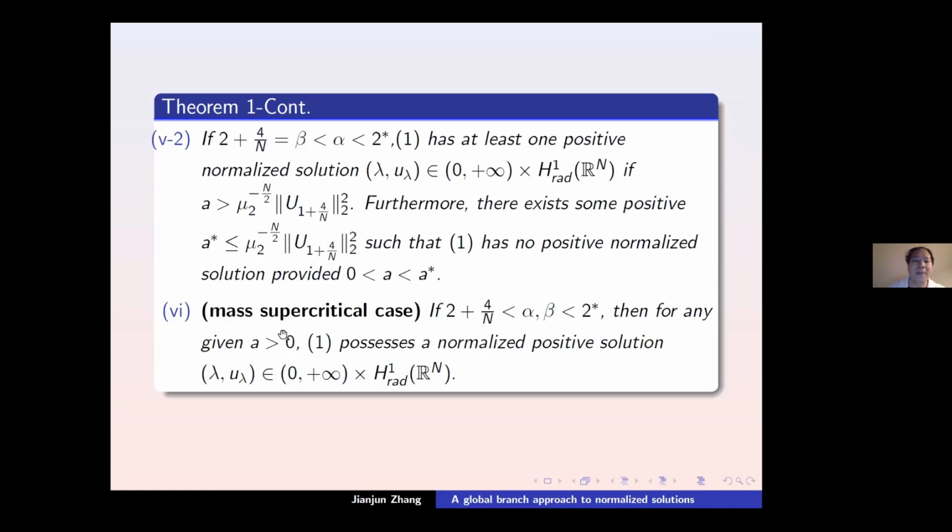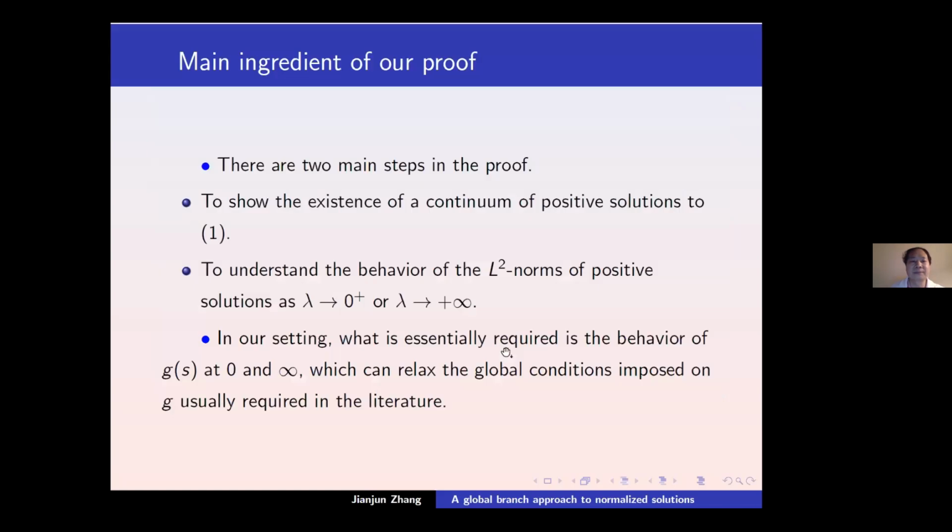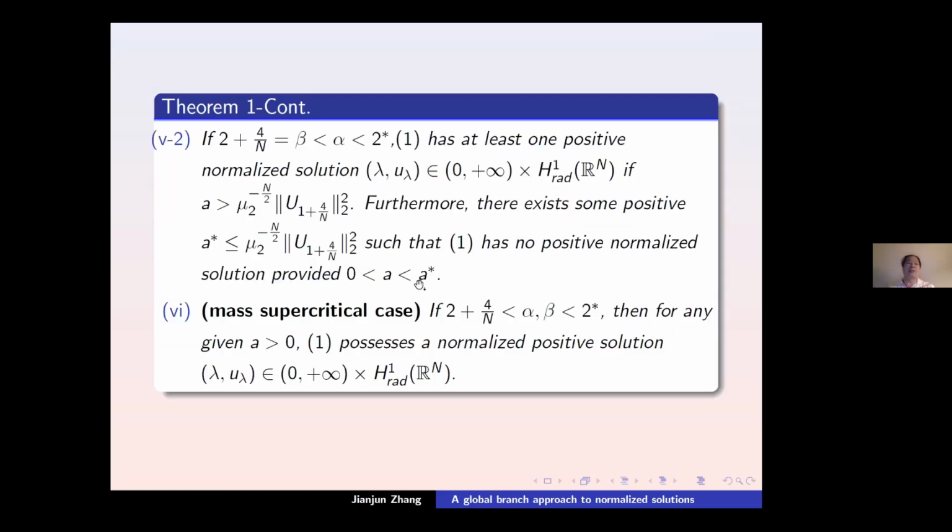For both the mass supercritical case and the mass subcritical case, we show that this problem always has a positive normalized solution for any positive A. So this is the main result of my talk.